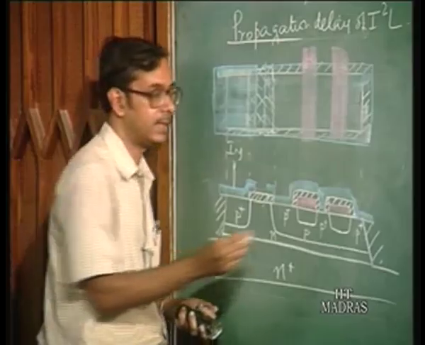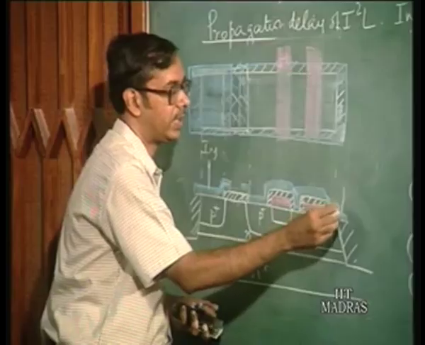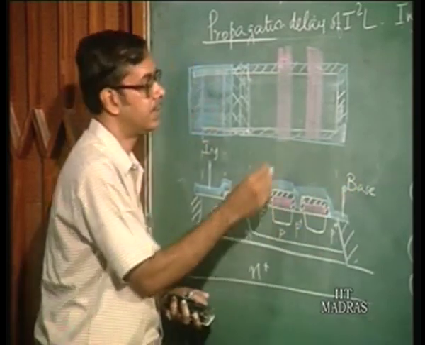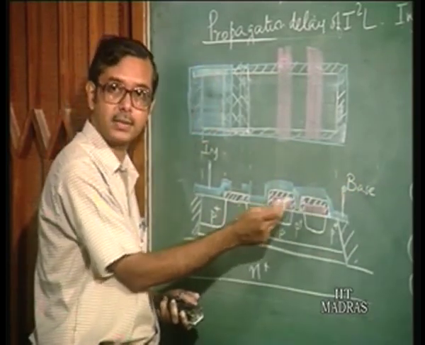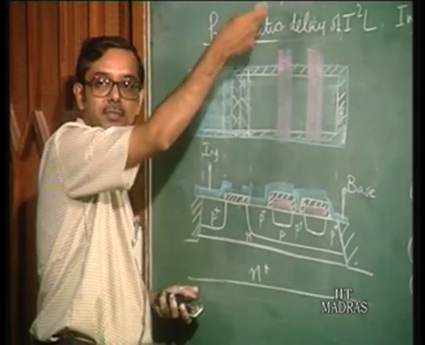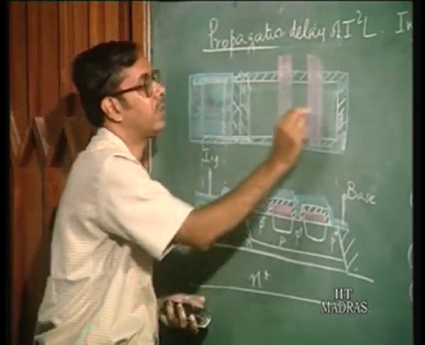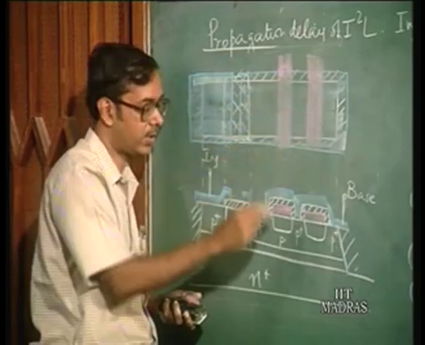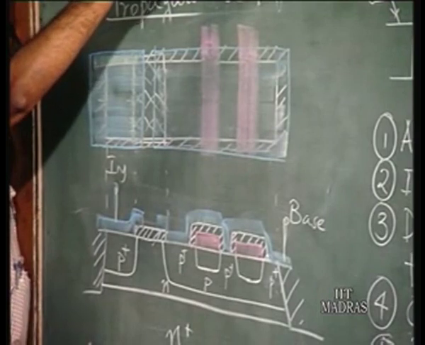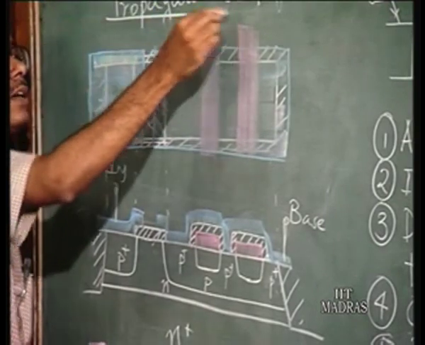The base contact you can take from somewhere here maybe, and the individual collector contacts are actually taken from somewhere here; it goes there. Along this you cannot show it because it is covered. So the collectors go this way from the top view, and you can take the contact from somewhere here.